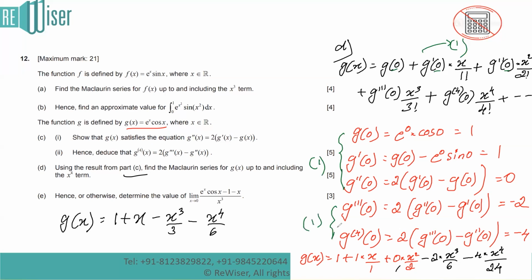Then substituting it in the Maclaurin's formula, that is, using this formula, would carry 1 mark, and the final answer would carry 1 more mark. So this is how the marks are distributed for part D.